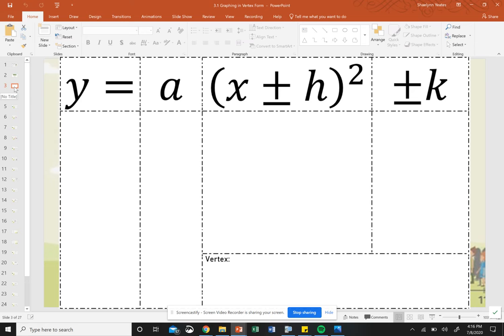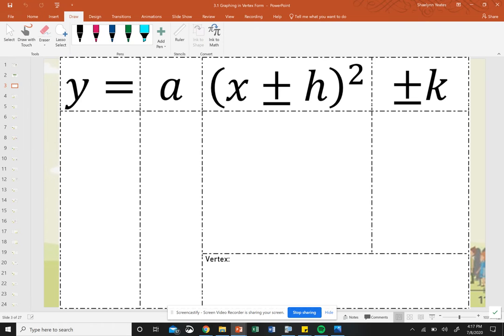So A is always going to tell us the stretch. It's going to say how far it is stretched from the vertex. Okay, so I like to think of A as my slope for 1, meaning I go up A or down A, depending on if it's up or down, and then I go over 1.